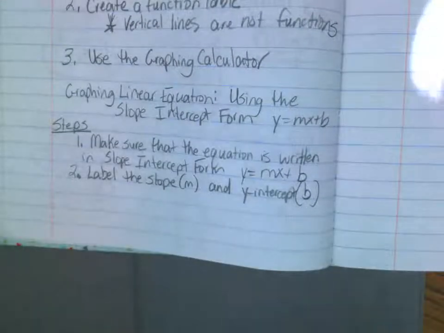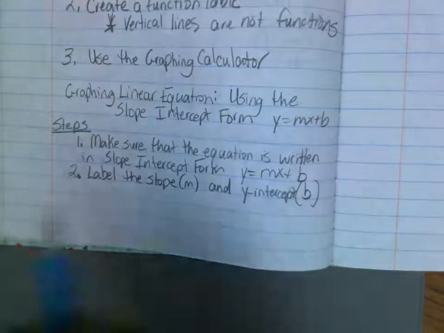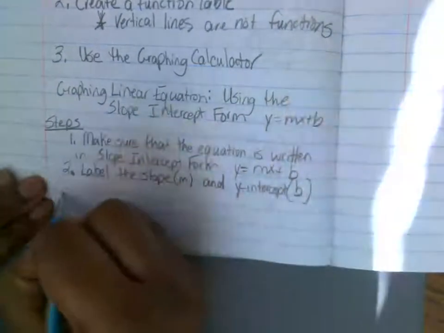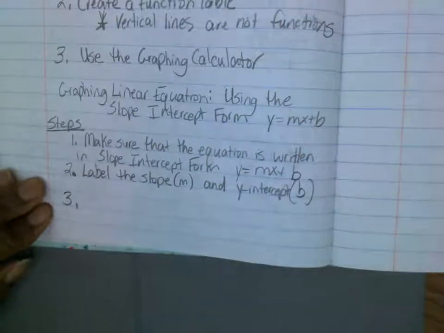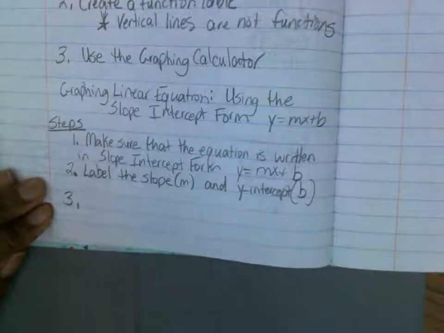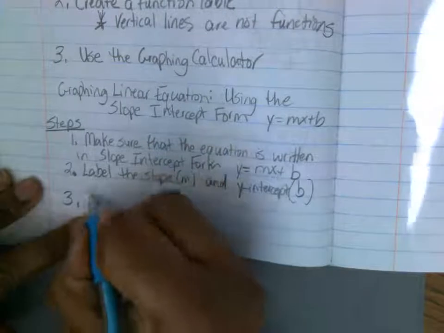Okay, the last step for this set of notes, number 3. We only have 3 steps here. Number 3 is to graph the y-intercept, and of course, you graph it on the y-axis.